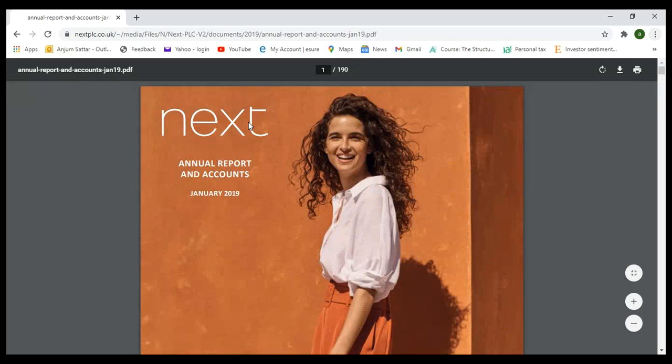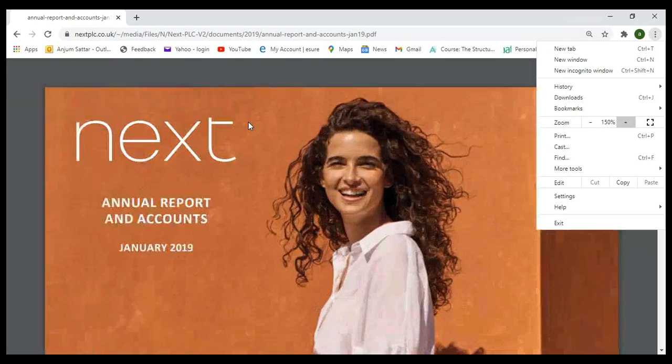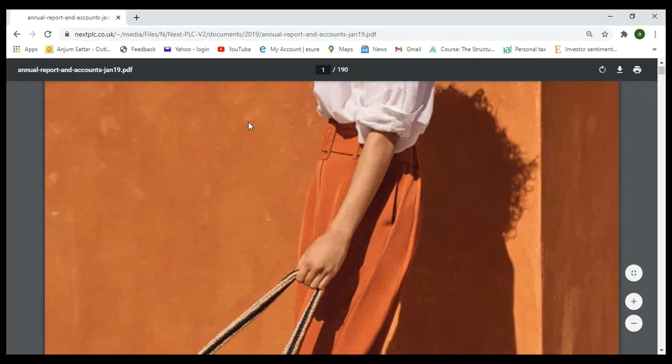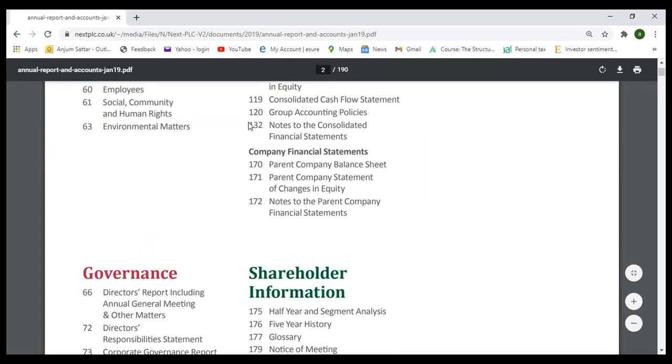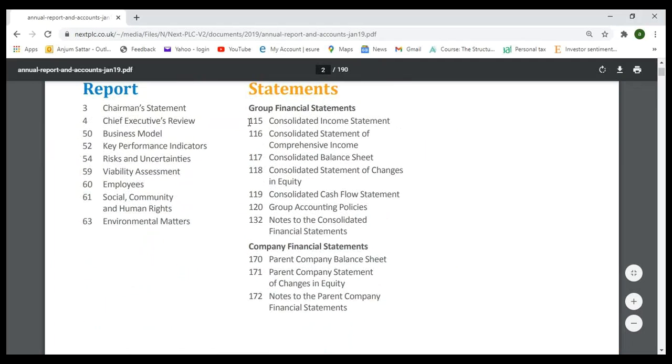Okay, so this is the next. It's slightly old accounts. We can look around the latest ones as well. It's 2019 accounts. If you look at this contents page, you will see all the statements.